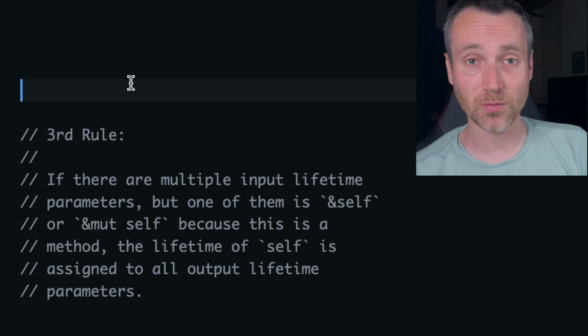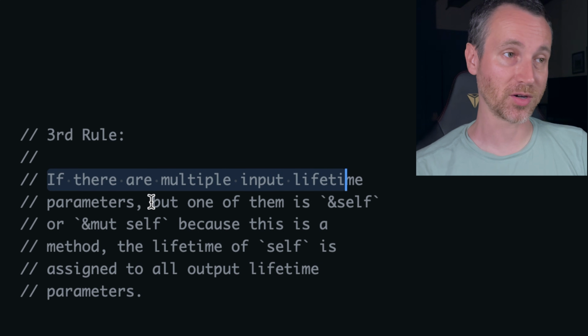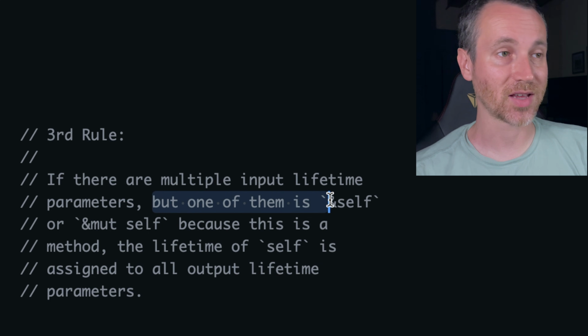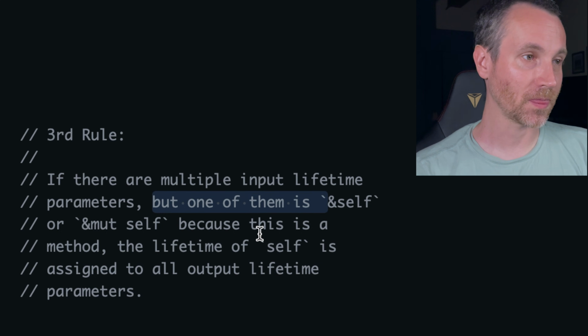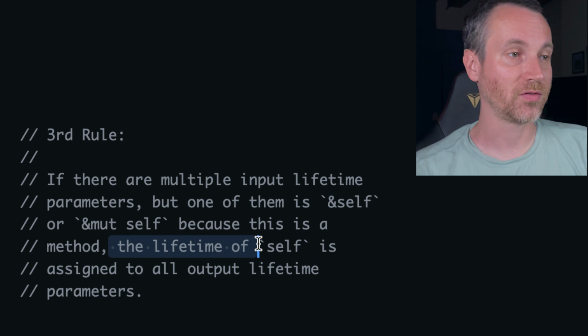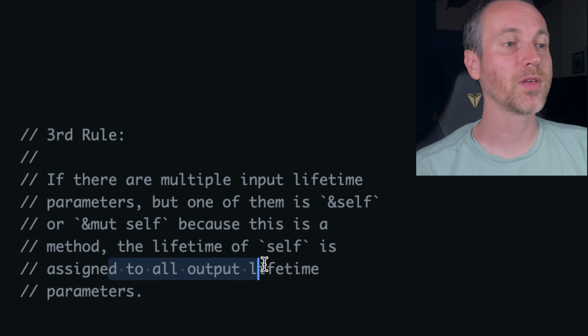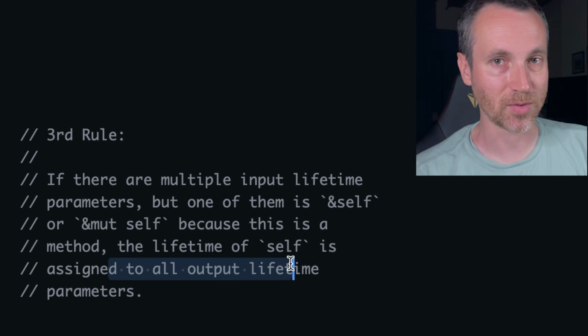And then the third rule for the elision is that if there are multiple input lifetime parameters, but one of them is a reference to self or reference to mutable self, and that is because it's a method, the lifetime of self is assigned to all the output lifetime parameters. We'll see an example of that in the coming example.